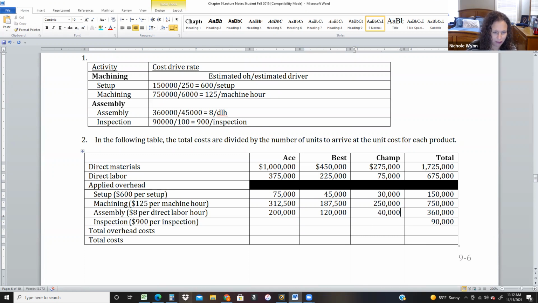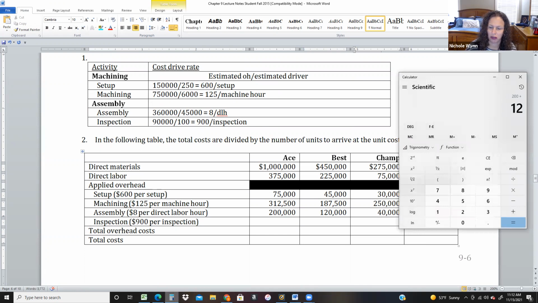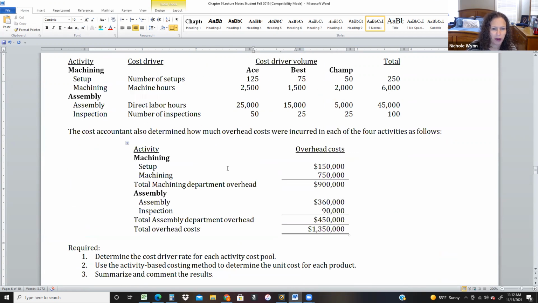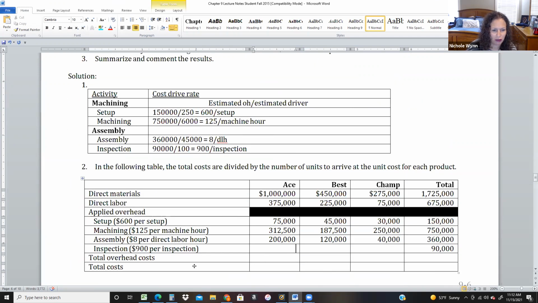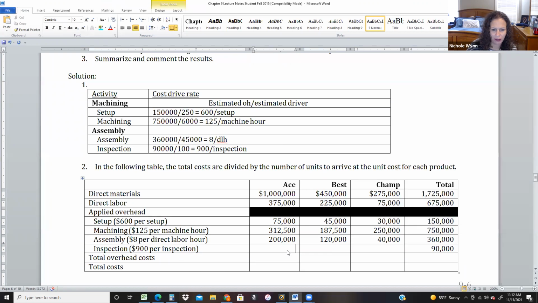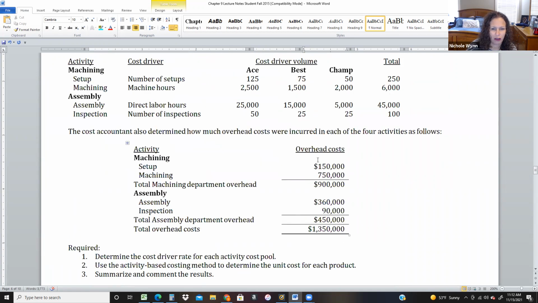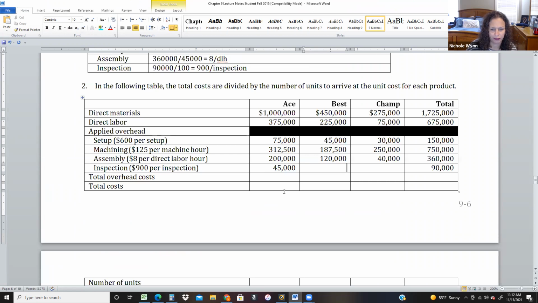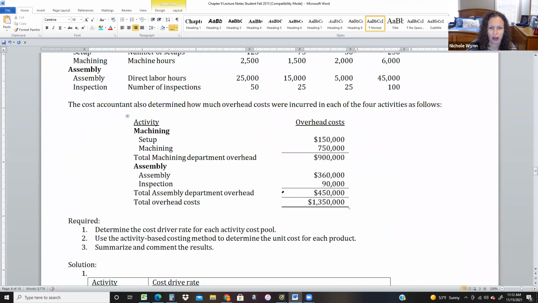Let's make sure I have it right: 200, 120, and 40. Yep. Then 900 per inspection. Man, that's a lot. So 50 inspections would be 900 times 50, 45,000. And then 900 times 25, which should be half of that.